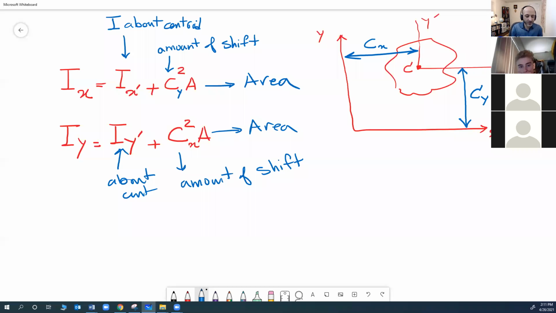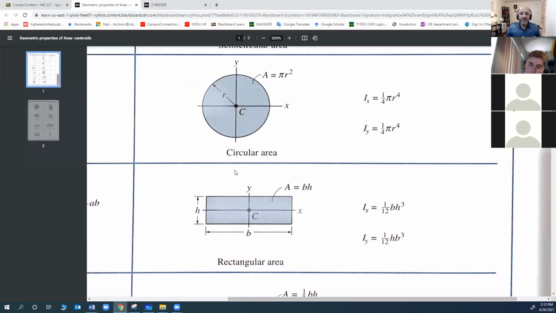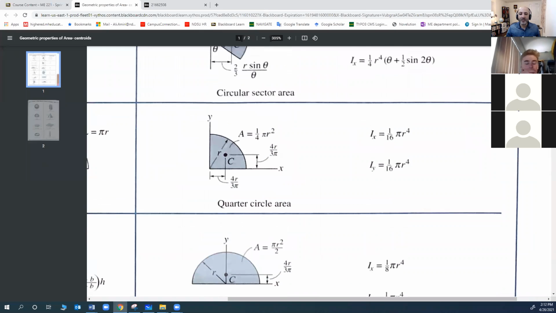Okay, so this is known as the parallel axis theorem. It has a kind of big scary name, you know, but in reality you just add the amount of shift of axis to your I. So now, knowing this, you understand why the tables give the I about the centroid of that shape.